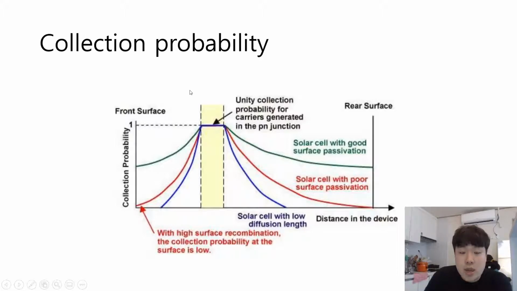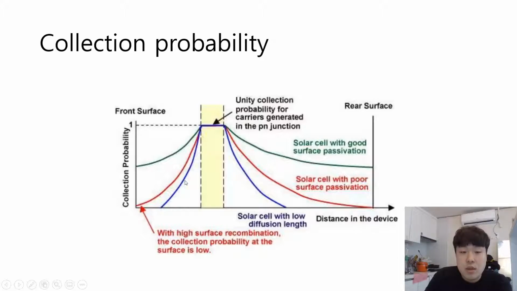This area is the production of electron hole pairs at the SCR, and we can define this area as when producing the electron hole pair, like this one, 100%. From the first area and second area, we can see how many electron hole pairs we can collect.